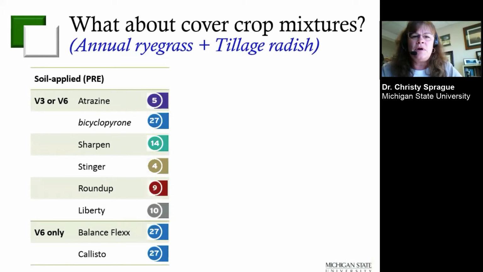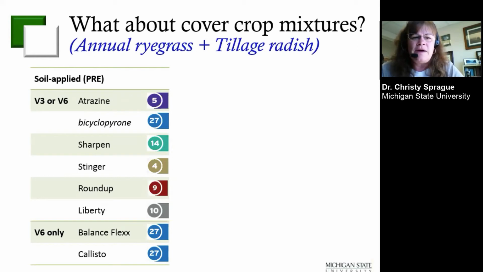The one thing that I want to point out here is one of the groups of products that we usually apply to give us some good grass control, which were those group 15 herbicides. In general, we're not going to be able to use those because of annual ryegrass's sensitivity to them. So we're really looking at some of these products that'll give us some broadleaf weed control.